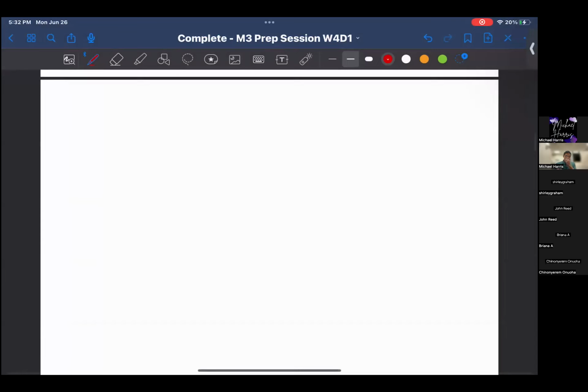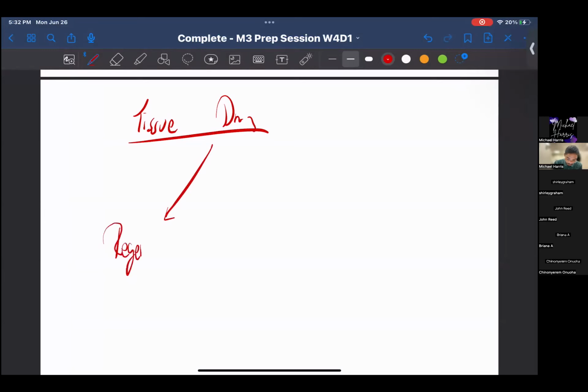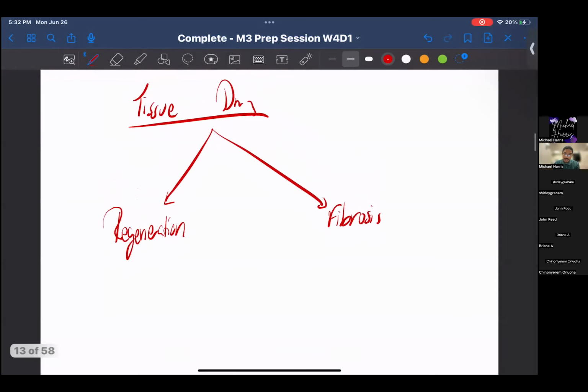So now we have tissue damage, right? When you get tissue damage, there's two different ways you can heal. This is after the infection has passed, and now your body's trying to heal itself. One is via regeneration. The other is via fibrosis. Now, what do you think plays a part in determining regeneration versus fibrosis?